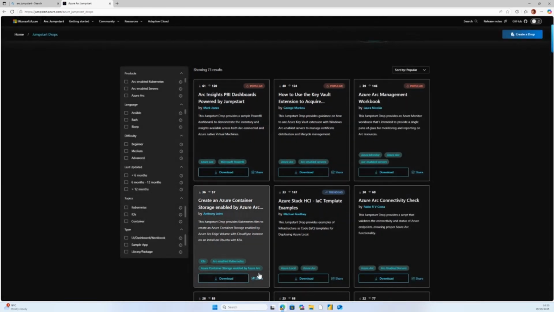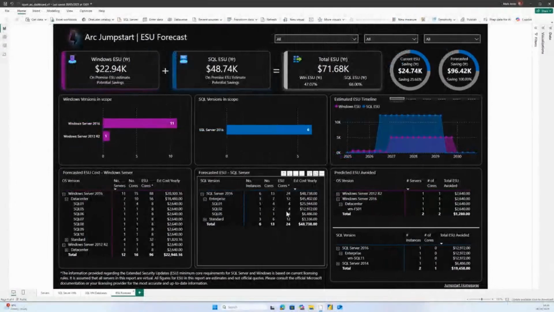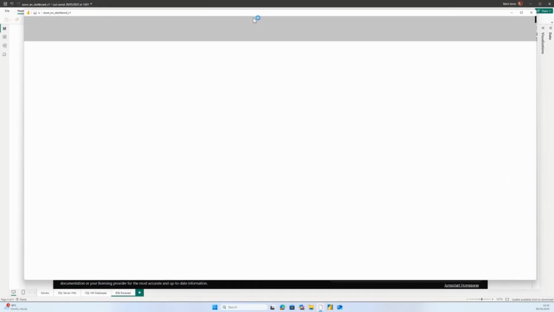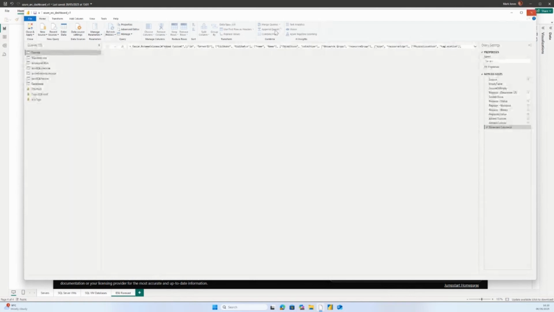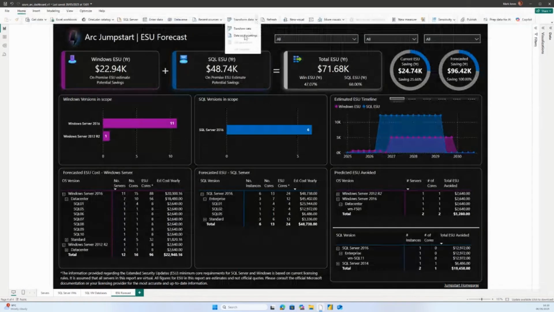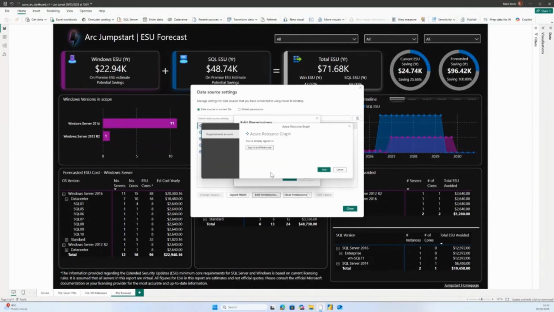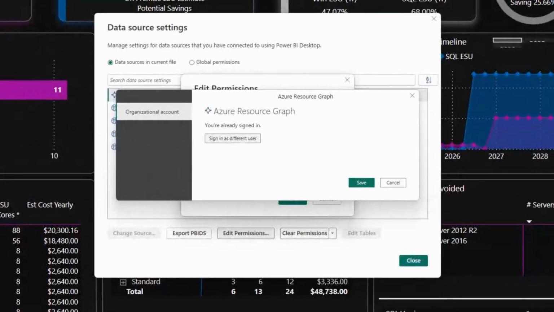But let me quickly show you how that will actually work as well. So the first time that you run this dashboard, it's going to ask you for a login. And this is really critical, because effectively this is what's going to connect this dashboard to your Azure Resource Graph in your Azure tenant with all of your subscriptions in. And what that's going to look like is, it's going to look like this.